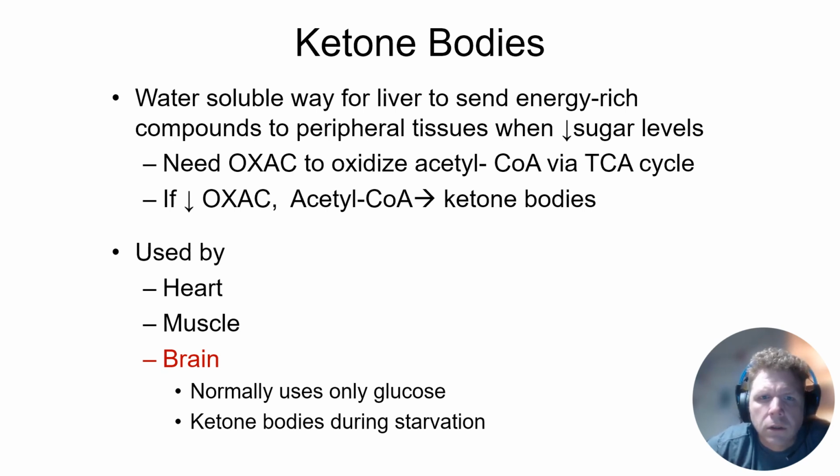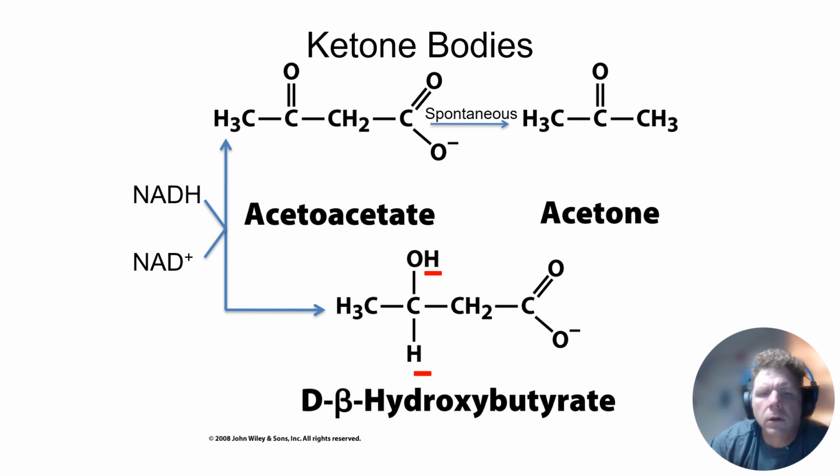And next up. So here what we have is the molecule acetoacetate being spontaneously converted into acetone. We also have this molecule D-beta hydroxybutyrate being interconverted through an oxidation reduction reaction to acetoacetate.